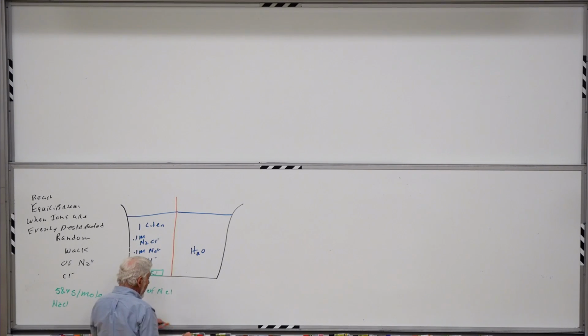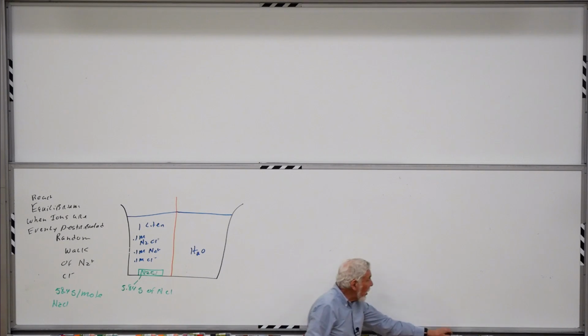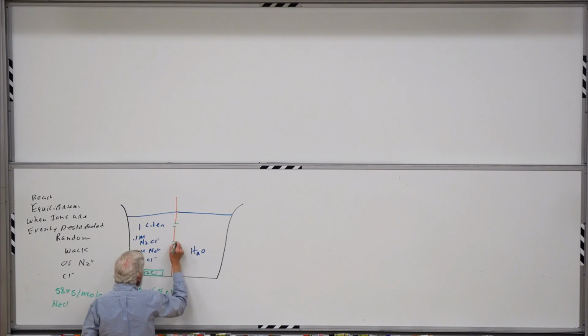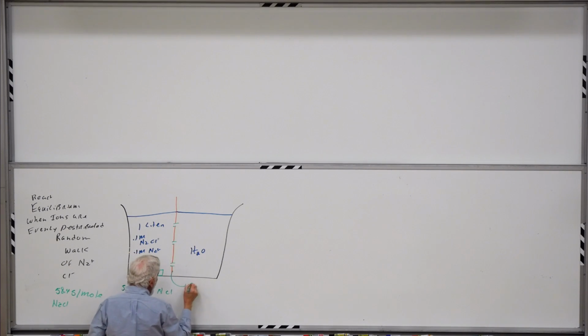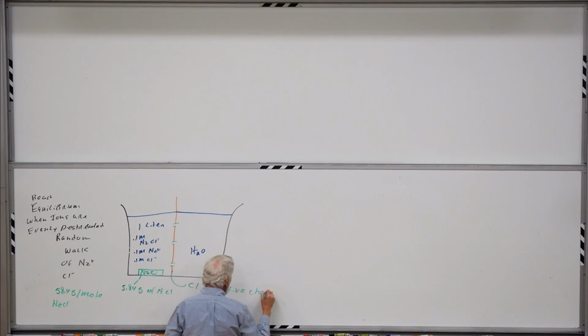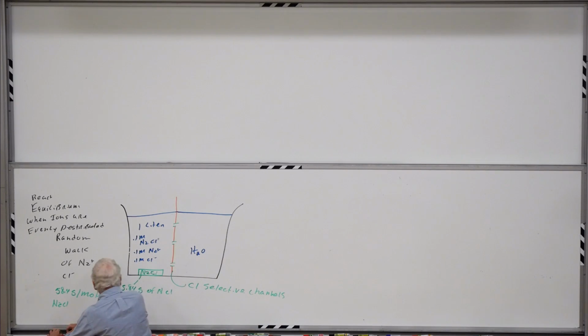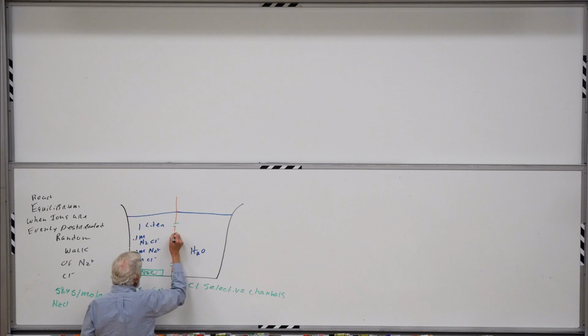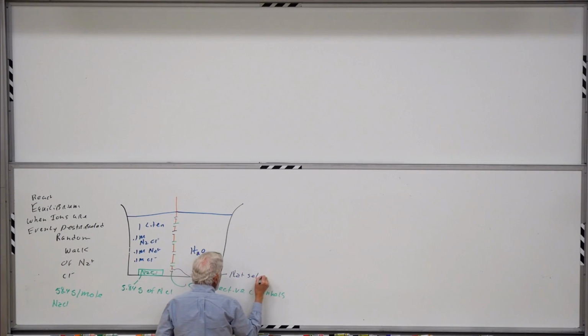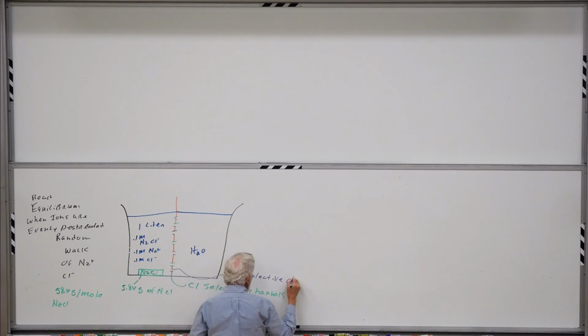But now let's imagine in that orange barrier, we add in green some chloride selective channels. And in purple, we add an equal number of sodium selective channels.